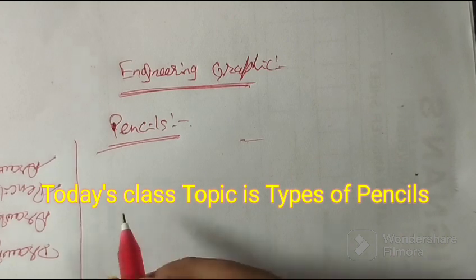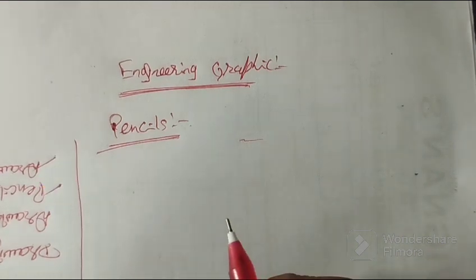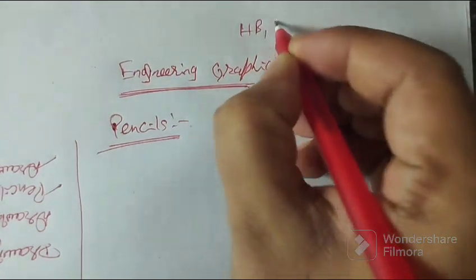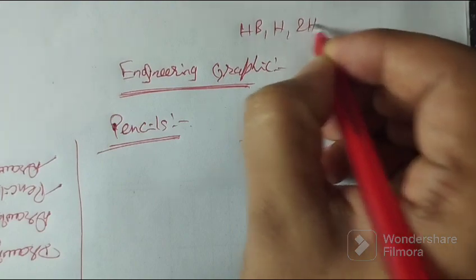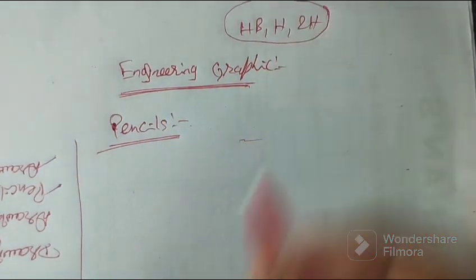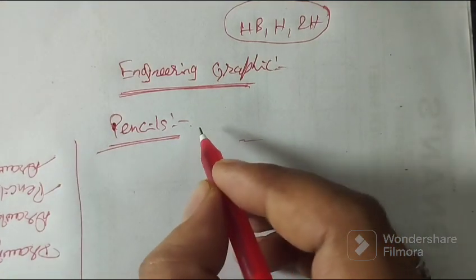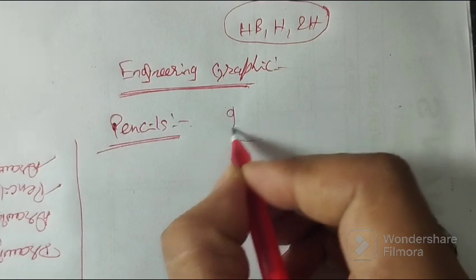If you buy any company pencil, you could see some words like HB, H, 2H. What do they mean? Now we'll discuss. We know a pencil contains graphite.